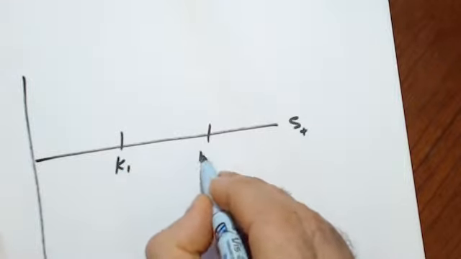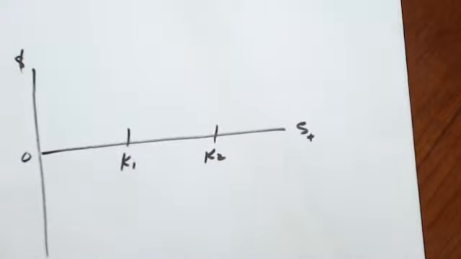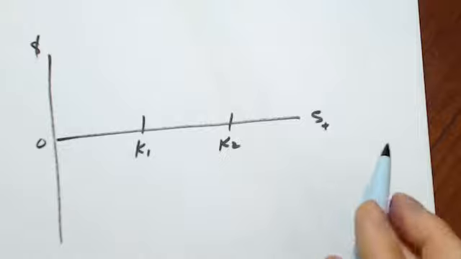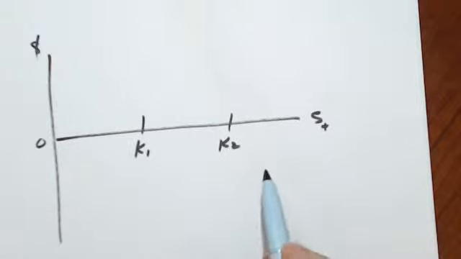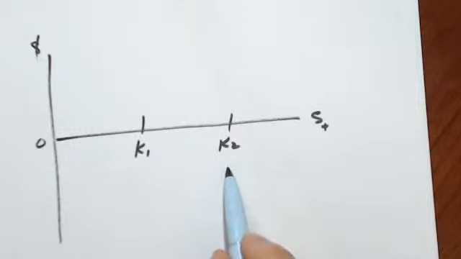K1, K2, 2 Ks. First of all, before you draw it carefully. Okay, let's do the first. This is the option we bought, and we bought it for $4.